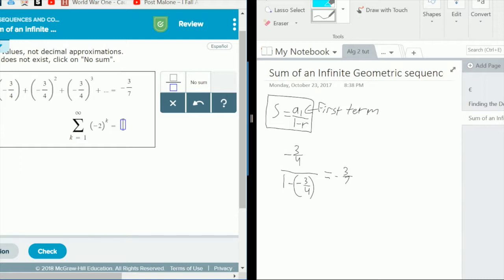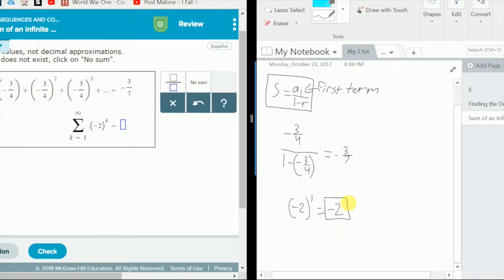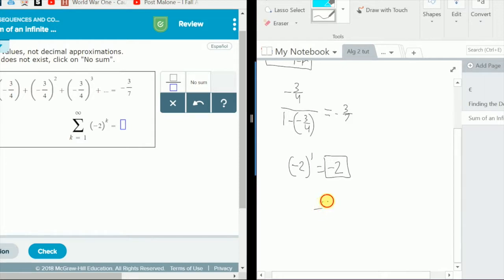So the first term would just be like plugging in 1 for k into negative 2 to the power of k. So if we do negative 2 to the power of 1, that equals negative 2. So this is our first term right here. And then we put that over 1 minus r.